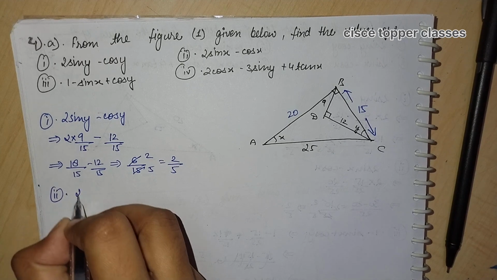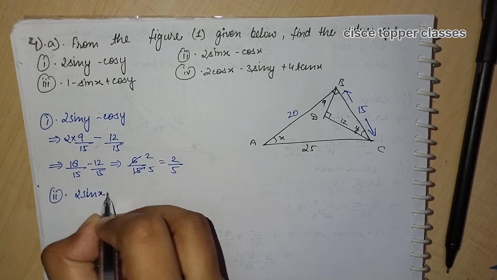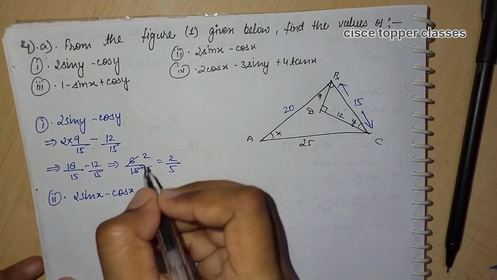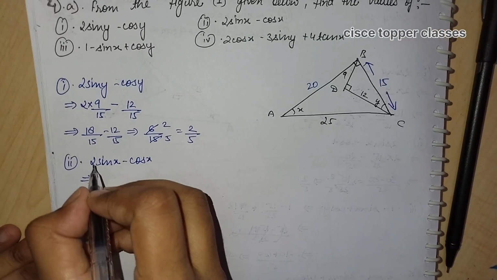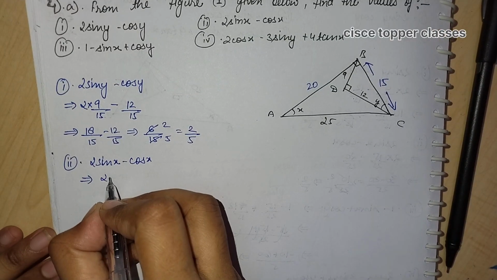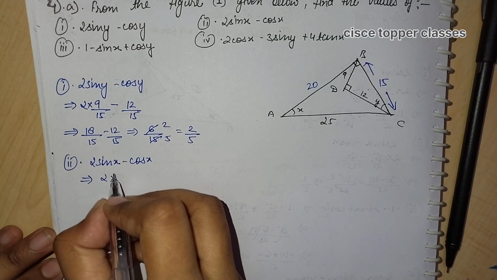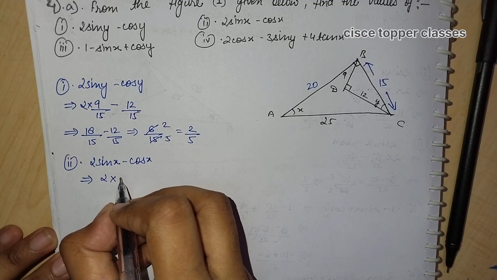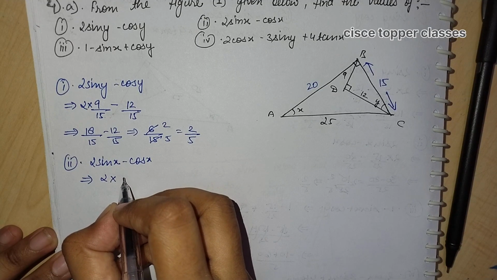Now the second part which we have to find is 2 sin x minus cos x. Sin x will be height by hypotenuse, so height is 15 and hypotenuse is 25.